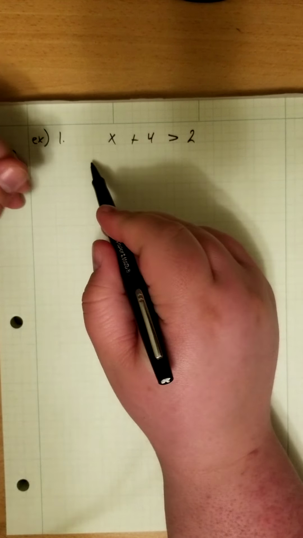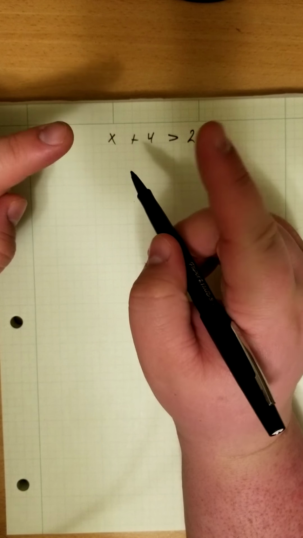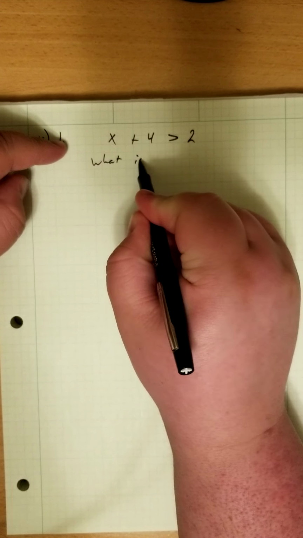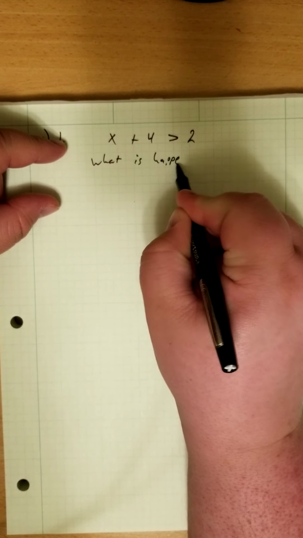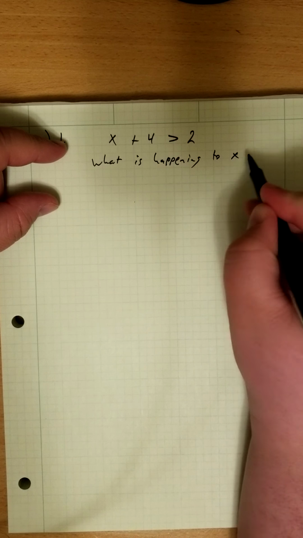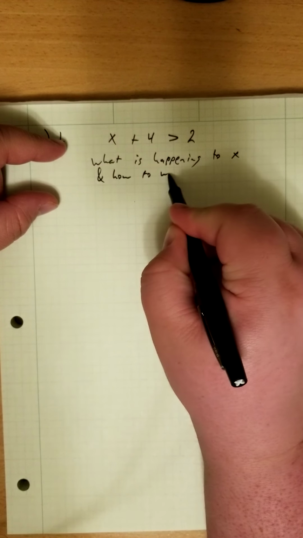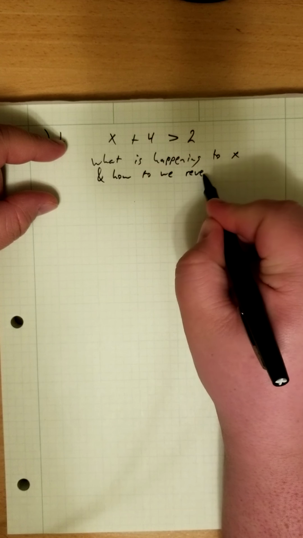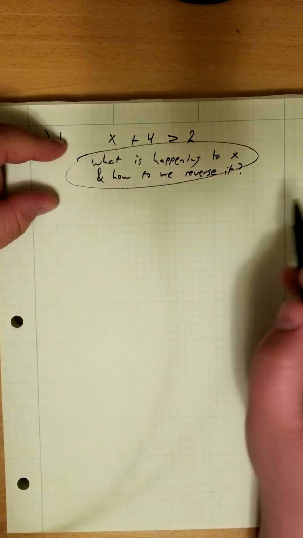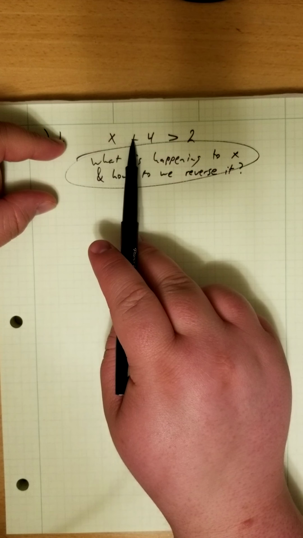Well, the same question that I had you ask for equations applies here. What is happening to x, and how do we reverse it? This is our key. What's happening to x is it's being added by 4.